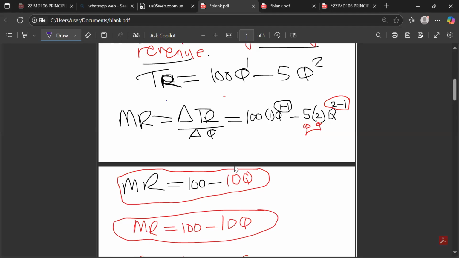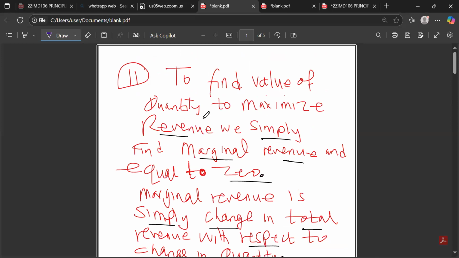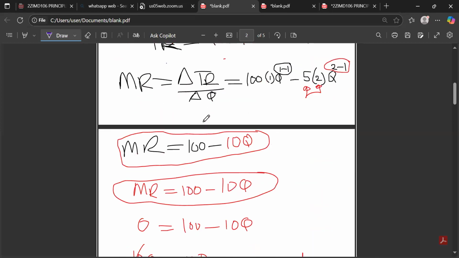Or was it also for the marginal revenue? So marginal revenue, because, okay, let me just go through the question again. Find the value of a quantity to maximize revenue. So what we did was we went for marginal revenue and we said change in total revenue over change in quantity. So after we did the change in total revenue, we got 10 units. I'm seeing we did the calculation only for total revenue, but not the change in quantity. I don't know if I've made a mistake there.